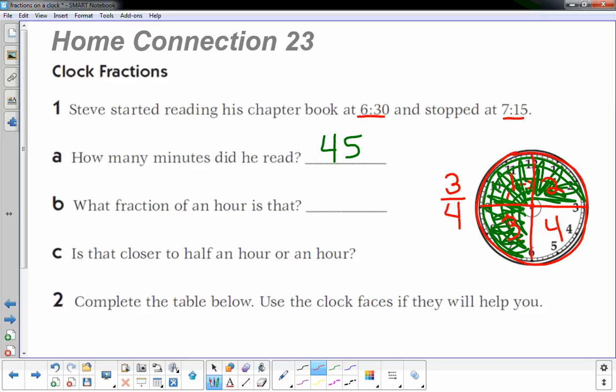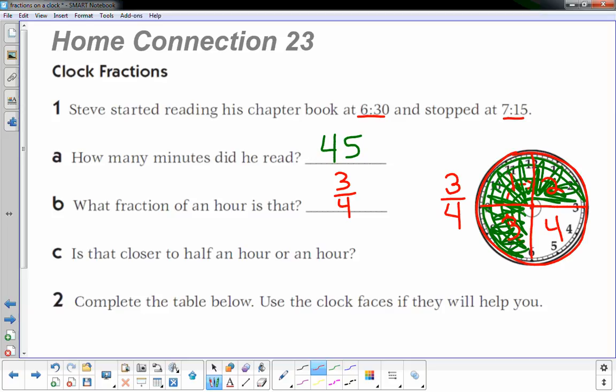So the fraction's 3/4. Is that closer to half an hour or an hour? Ooh, that's a tough one. I'd say it's right in between, but that's my thinking. I could round up to an hour.